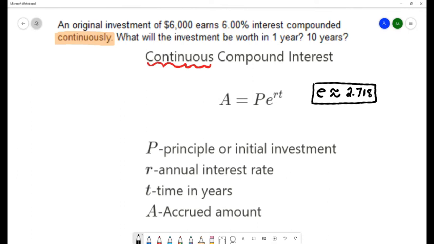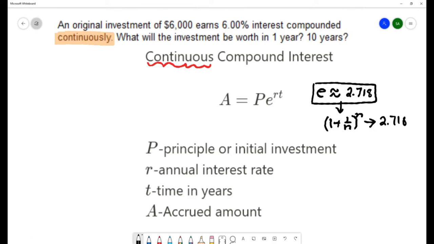So this E comes about from the expression 1 plus 1 over n to the n. If you allow n to get larger and larger, then this expression approaches that value of 2.718.